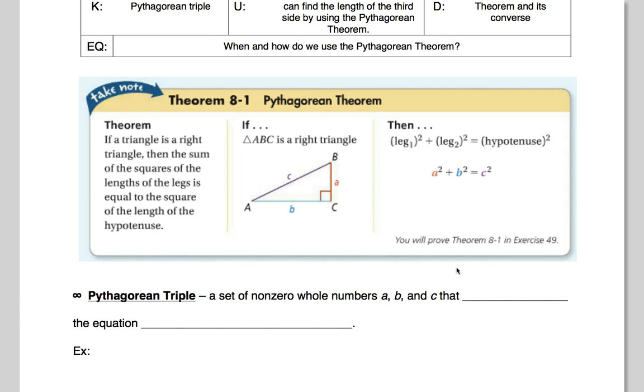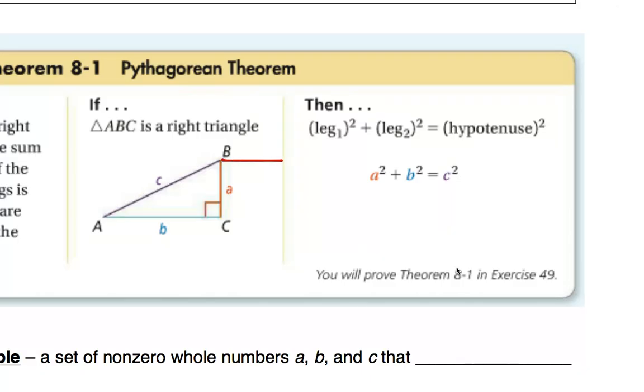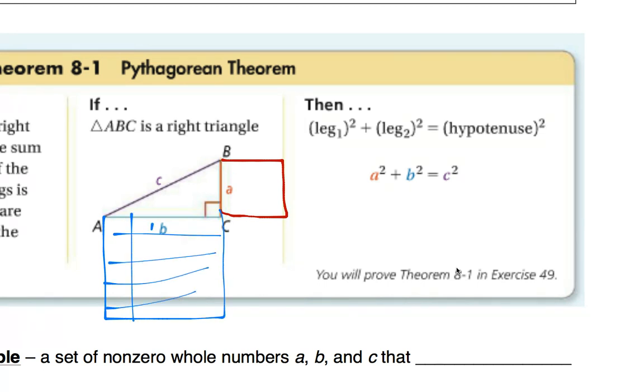Meaning, if I make a square out of this side, and that breaks up into a bunch of little squares, and then I make a square out of this side, and that is made up of a bunch of little squares. Where do all my red squares go?